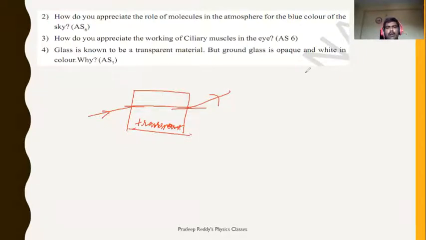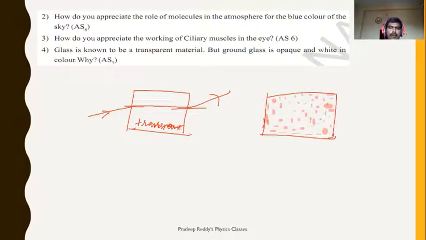But in case of ground glass, it is not completely plain. Ground glass has some disturbances, right? So there are a few disturbances here. This is ground glass.